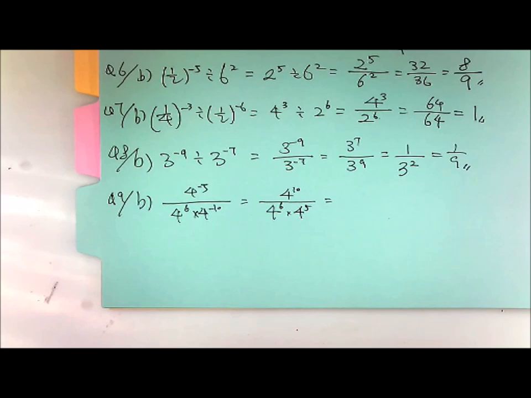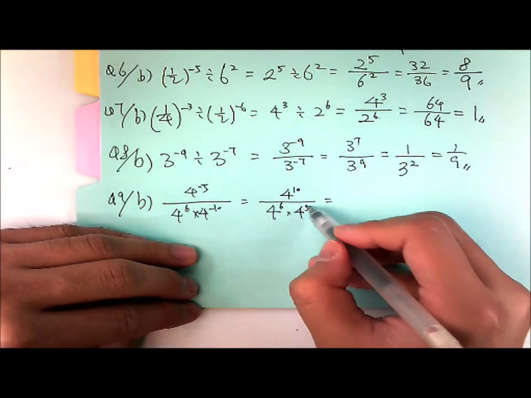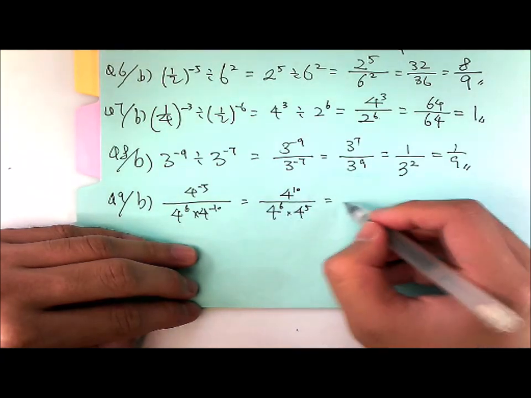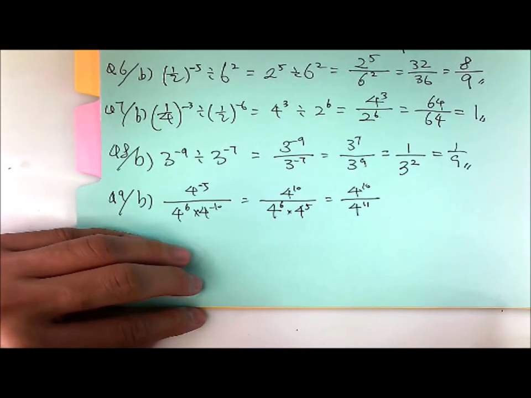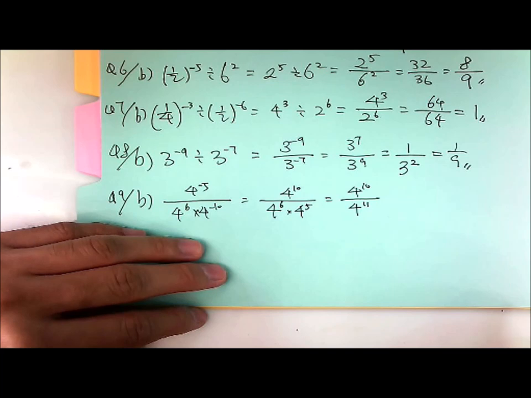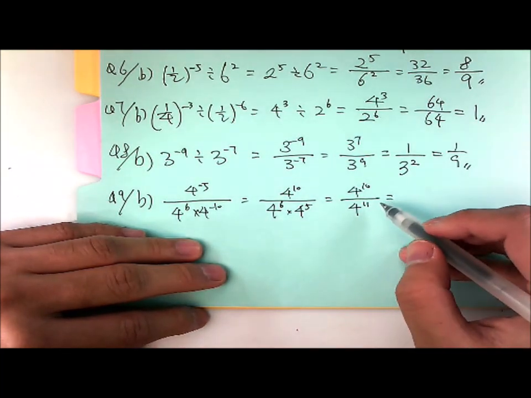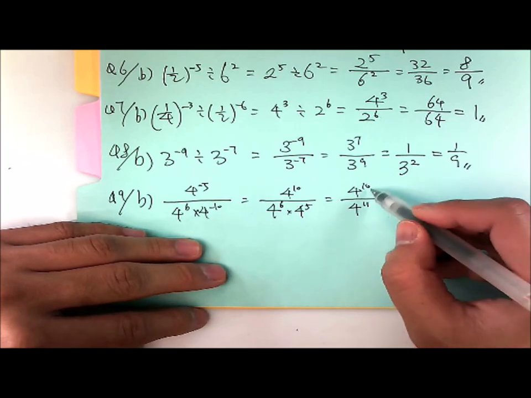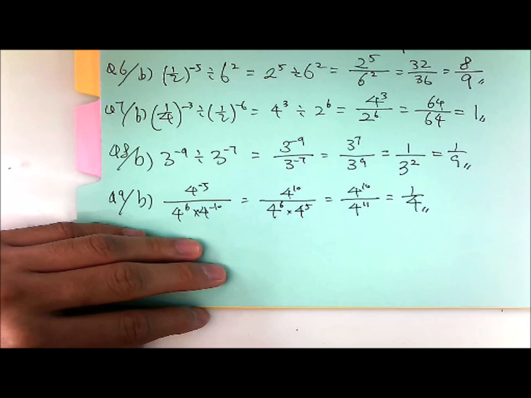Understand? Is it okay? So you can do this below first. Okay, 4 to the power 10, keep it, and then this should be 4 to the power 11. 6 plus 5. Not doing multiplication. Understand? So you can do some cancellations like those positive power, right? This and this cancel will be 1 over 4. Is it okay? Understand?